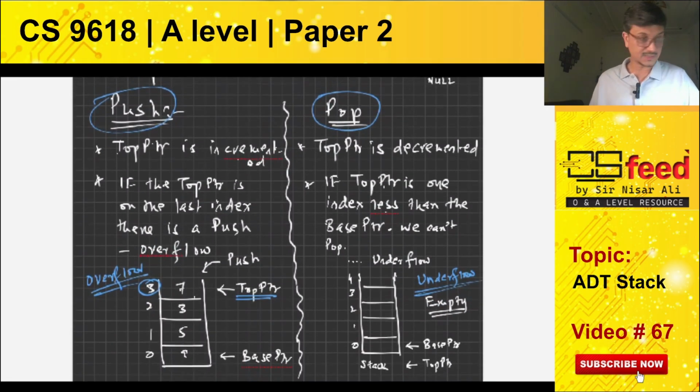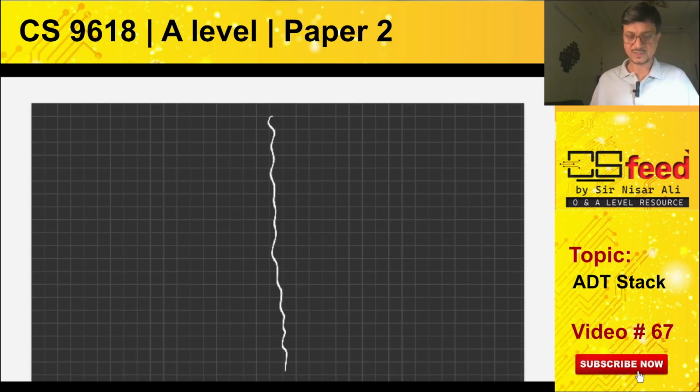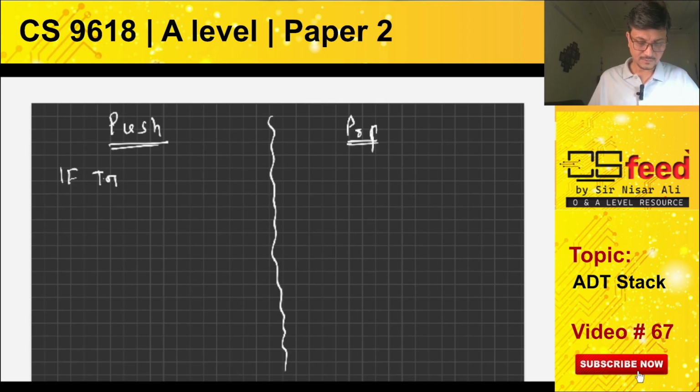Now we can say that if the top pointer is alpha, this means now this is the push and this is the pop that we were discussing. So whenever we are pushing, we are saying that if the top pointer is less than, we can have a variable that will tell us which can be stack full.